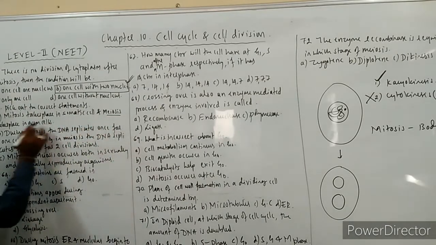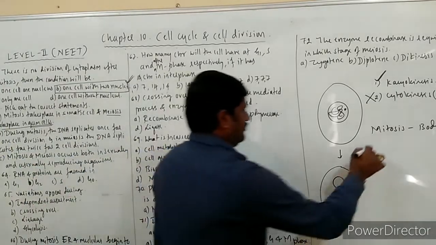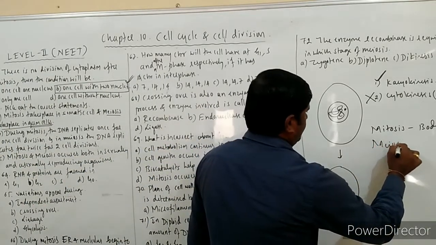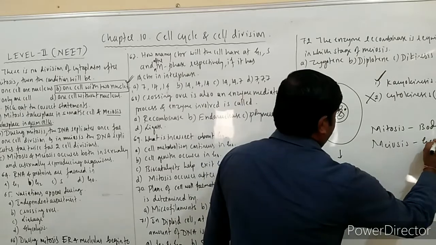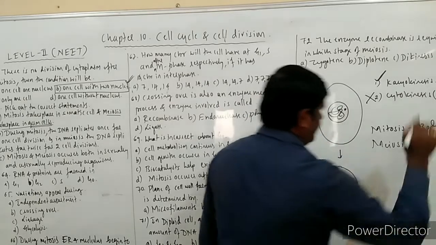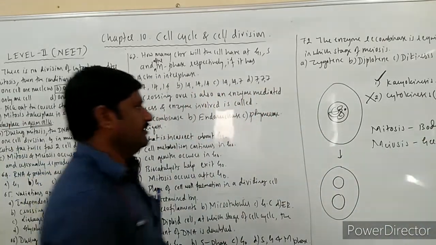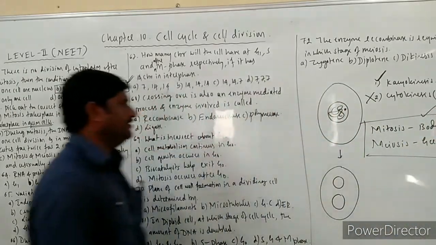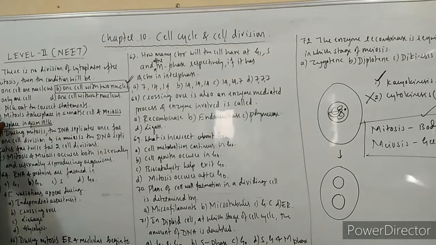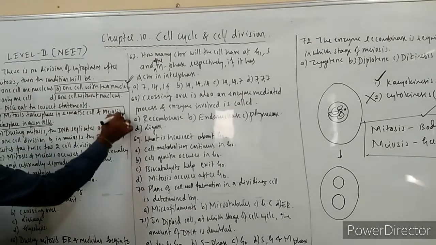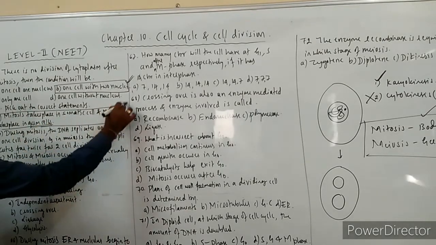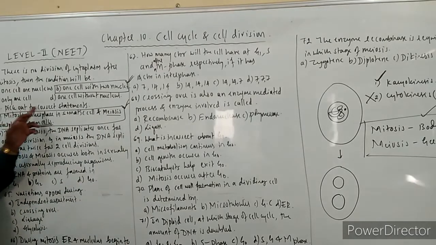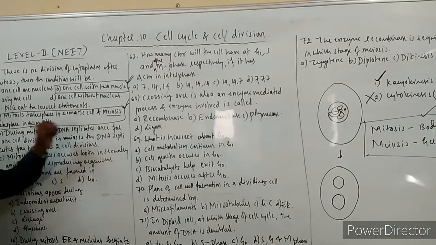And meiosis takes place in germ cells. Of course, meiosis occurs in germ cells. Both of these are correct, hence this statement is correct.